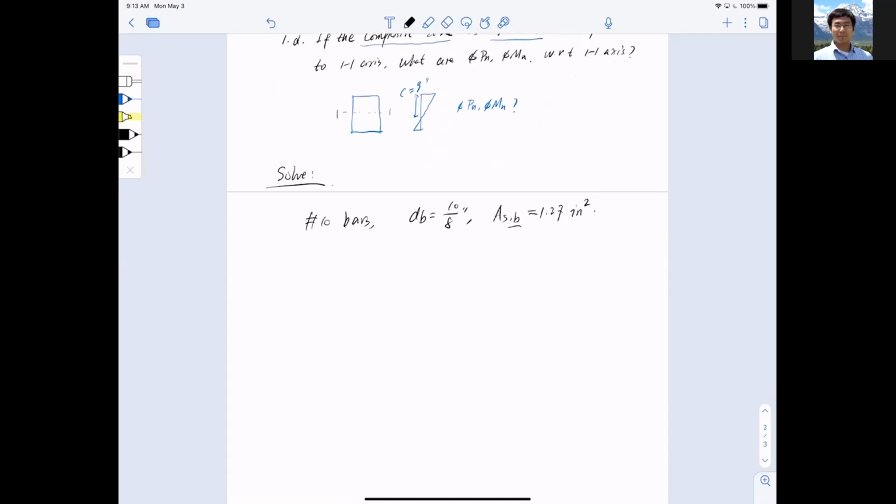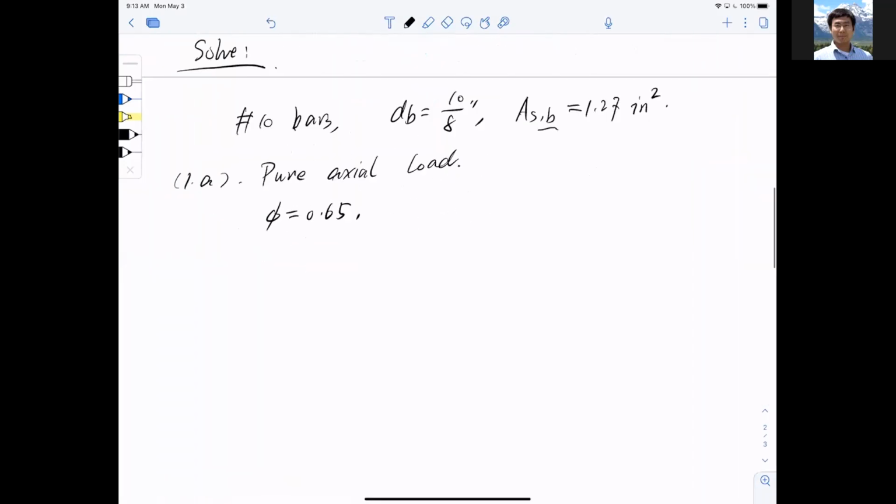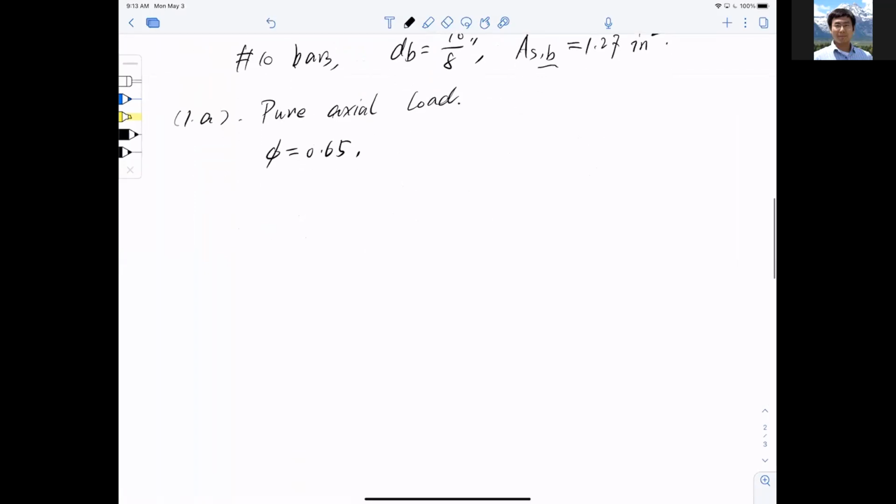Now 1A talks about pure axial loading, which means pure compression. So immediately I know that since it's pure compression, phi should equal 0.65, no doubt. Then we recall the axial loading equation P0, which has 2 parts.